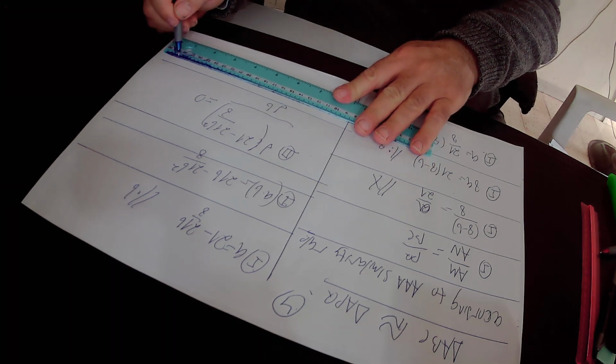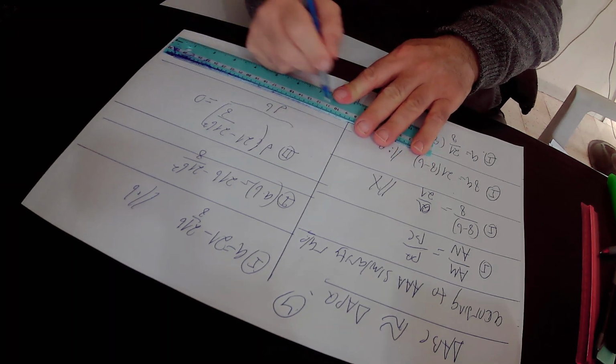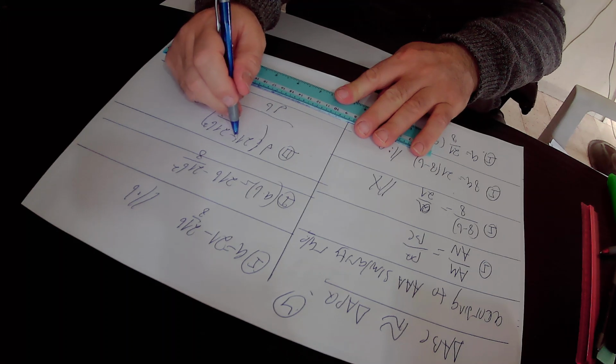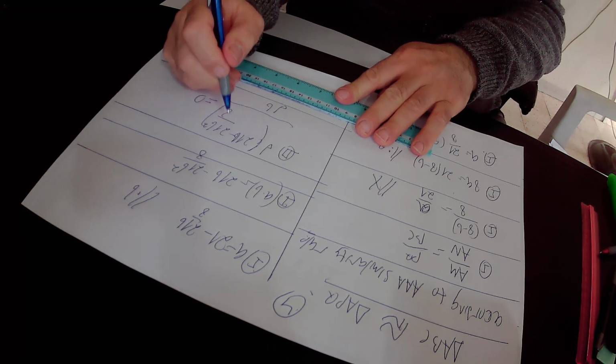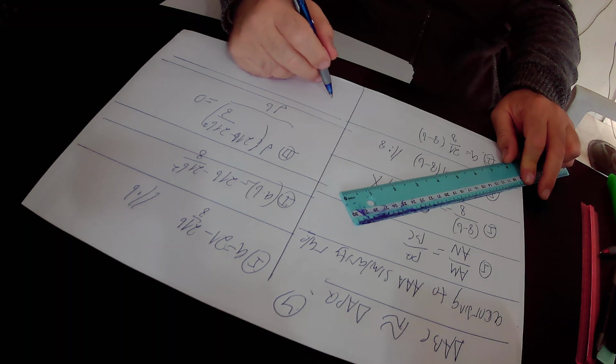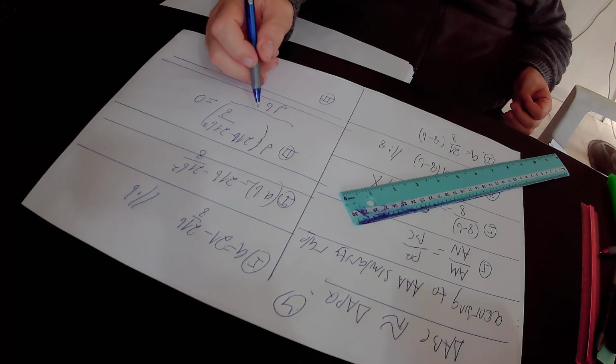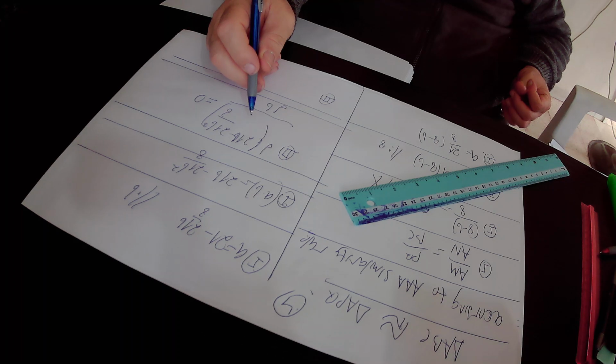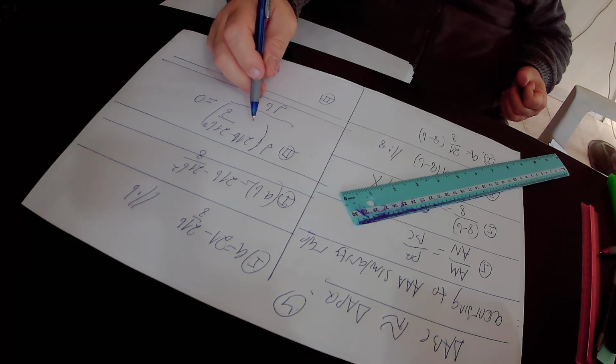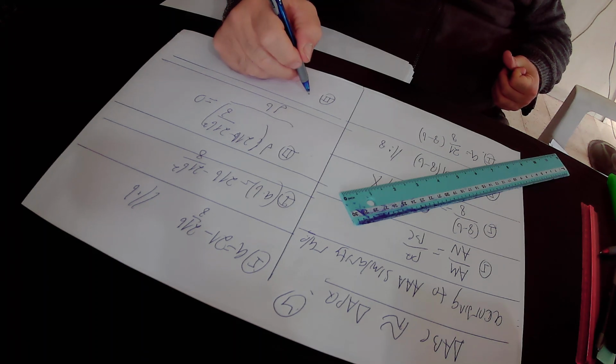So, here it is 21B, what is the derivative of 21B? We know that the derivative of B is 1, therefore in total the derivative of 21B will be 21 times 1, that is 21.